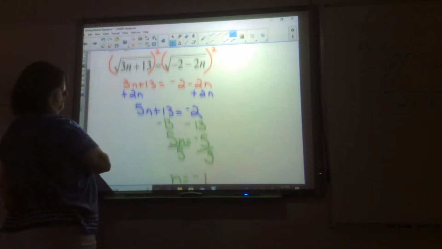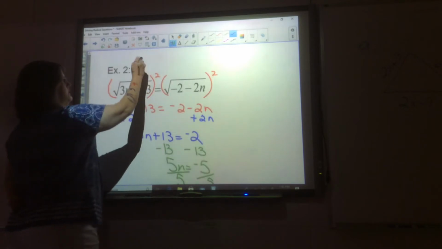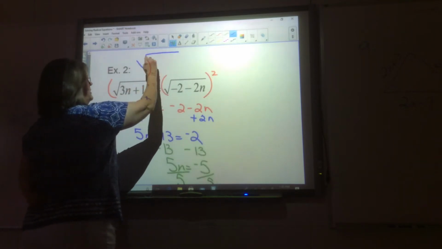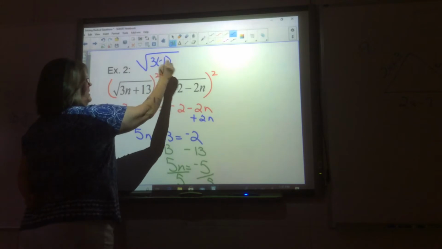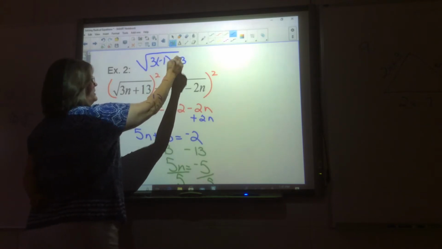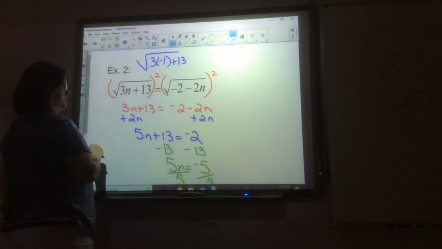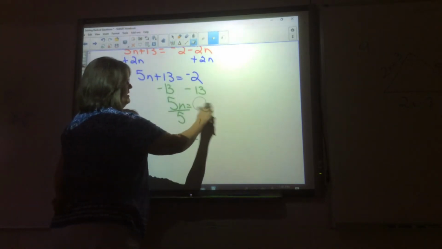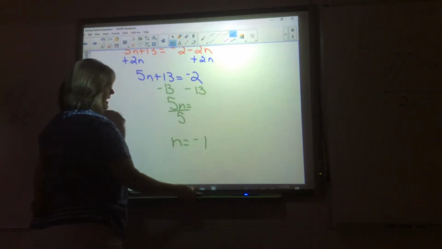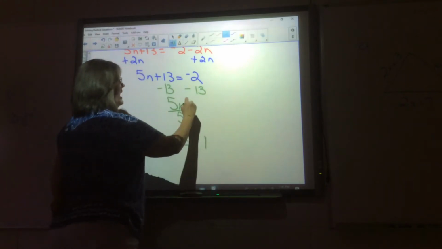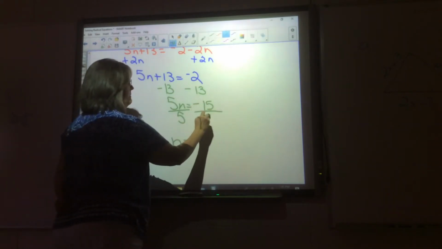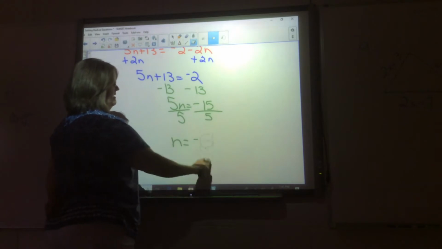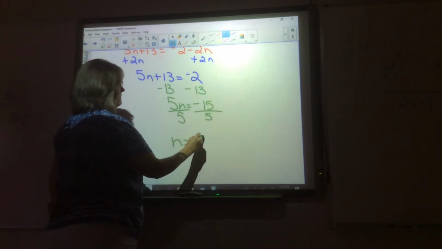We got negative 1. All right. So the square root of 3 times negative 1 plus 13, something's not right. Oh, here we go. This is negative 15 divided by 5, and that gives me negative 3.